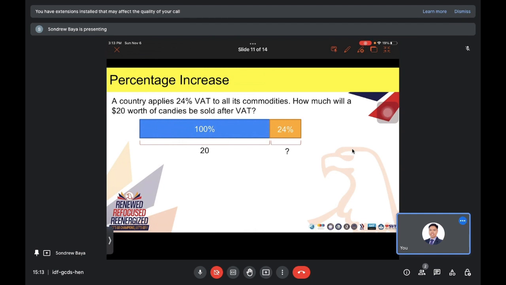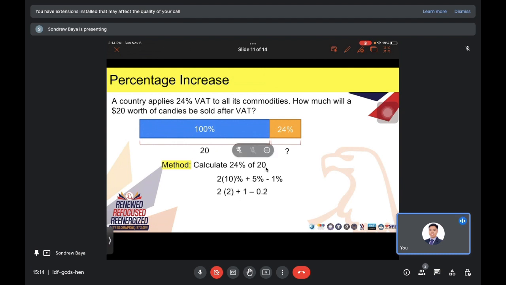Okay? So in this case, for us to find how much the new price is, we have to calculate 24% of 20, by which 24% can just be calculated as 20% plus 5% minus 1%. So these are common percentages. So 10% of 20 is 2, hence 5% is 1.